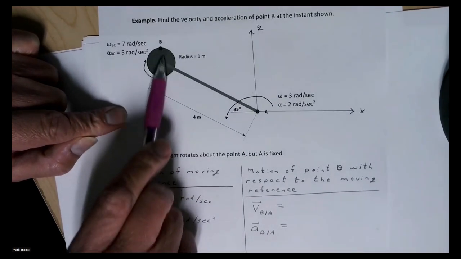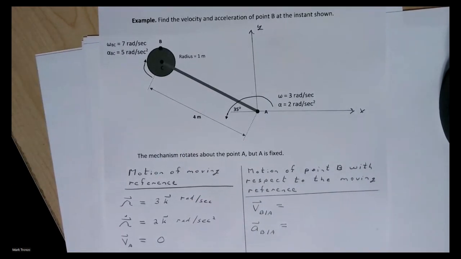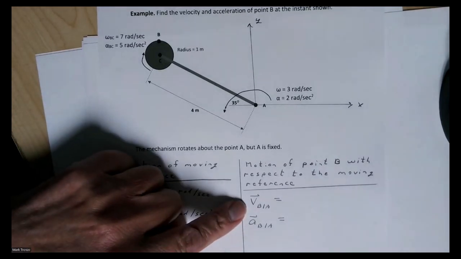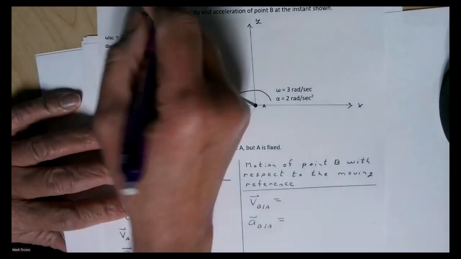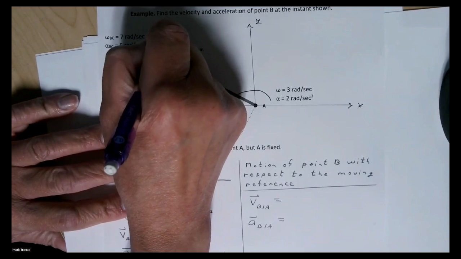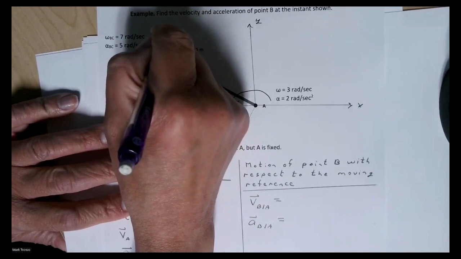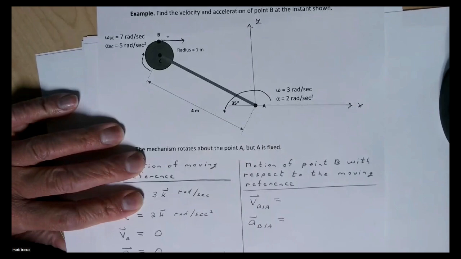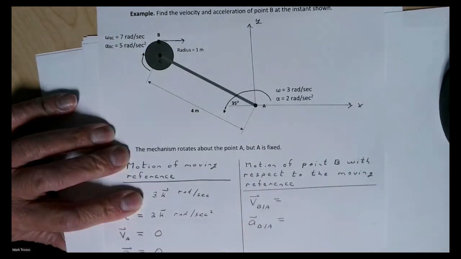But I've kind of written the problem so we could use B and A. And so let's take a look at this. Again, the velocity of B with respect to A. And so that's going to be, again, this velocity here and the acceleration here. Again, we know it's going that way because it's rotating this direction.